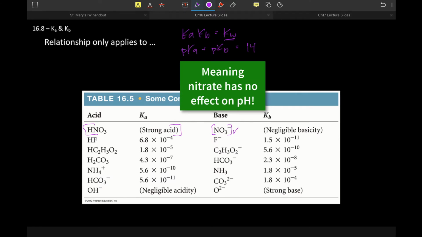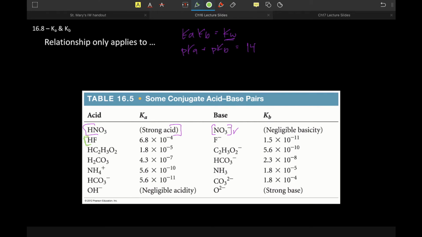And then likewise, that changes for every other species. If we look at HF, which is considered a weak acid with a Ka of 10 to the negative 4-ish, since they're tied together by Kw, we know that F minus must be somewhere along the lines of 10 to the negative 10, or in this case 10 to the negative 11-ish, because that fills out the 10 to the negative 14th.